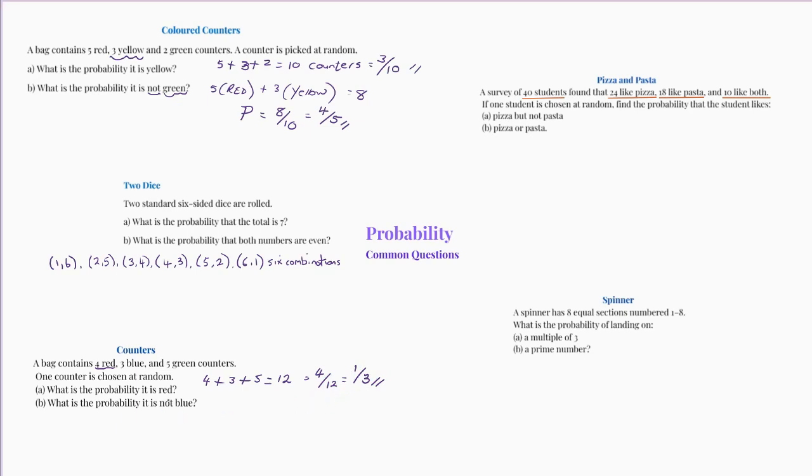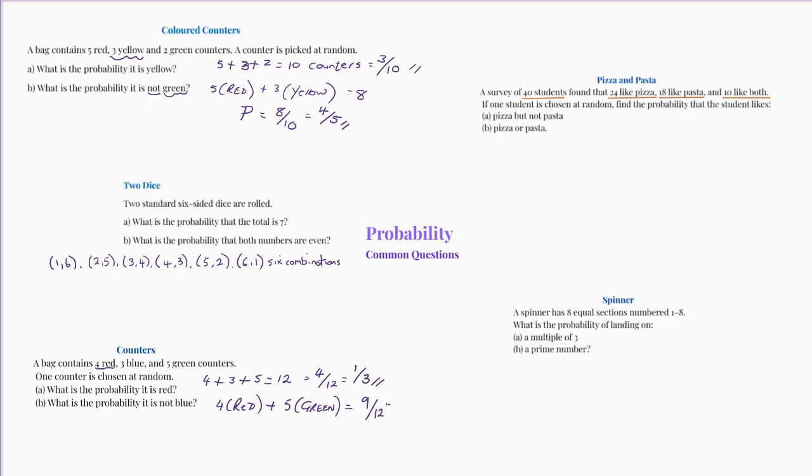What is the probability it is not blue? So we don't include blue. So we've got 4, which is our red, plus our 5 green. Remember, not blue, we're not including blue. This gives us 9, and our total is 12.